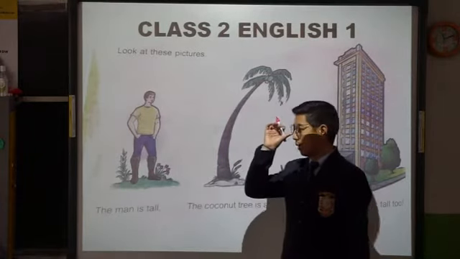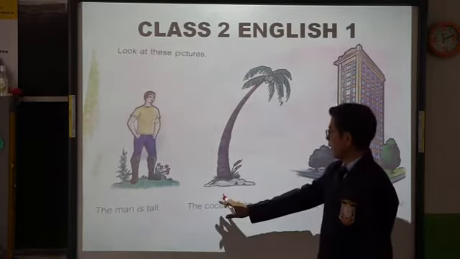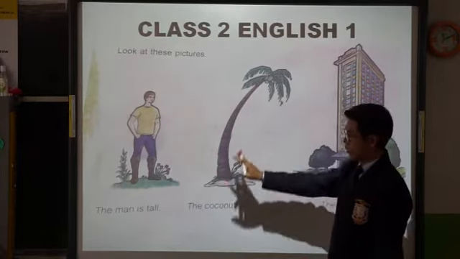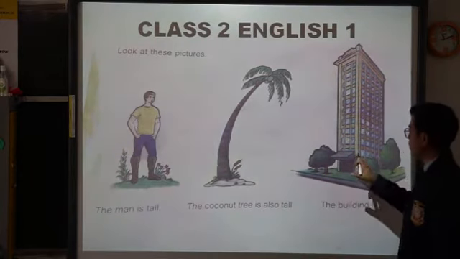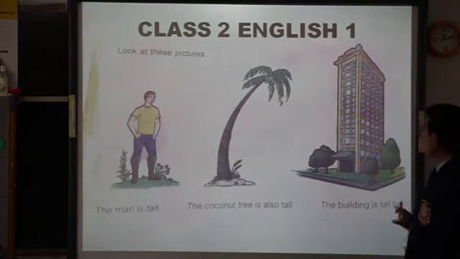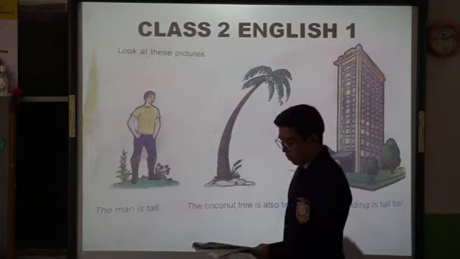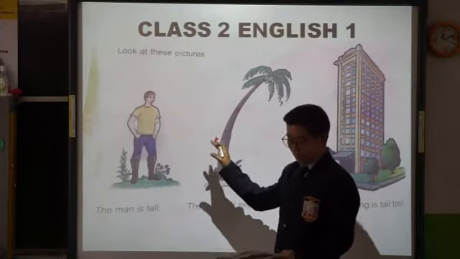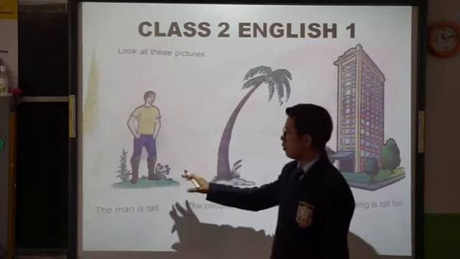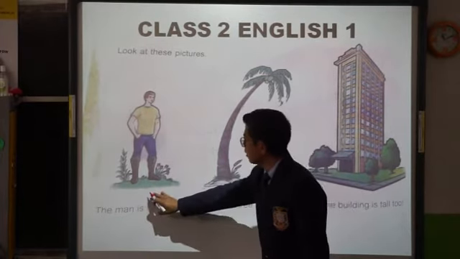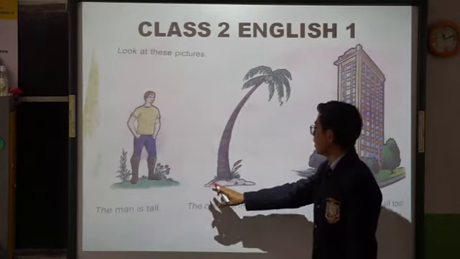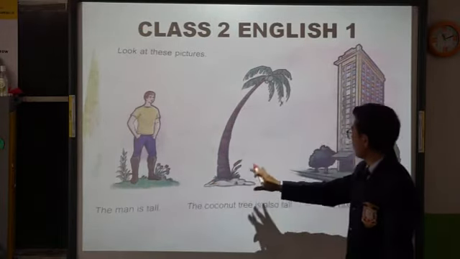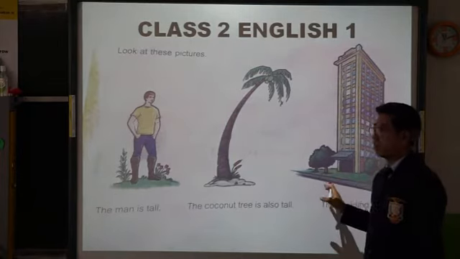It's from your book only. Second, the picture of the coconut tree, which is also tall. And the third picture, the building is tall too, right? But are they all of the same height? No. As you compare these 2 pictures, the coconut tree is taller than this man, isn't it? And among these 3 pictures, the building is the tallest.